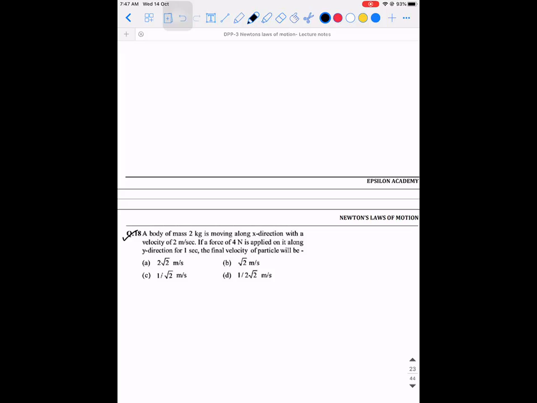Vectors in the sense, use the proper unit vectors, i cap and j cap and so on. There is a force of 4.